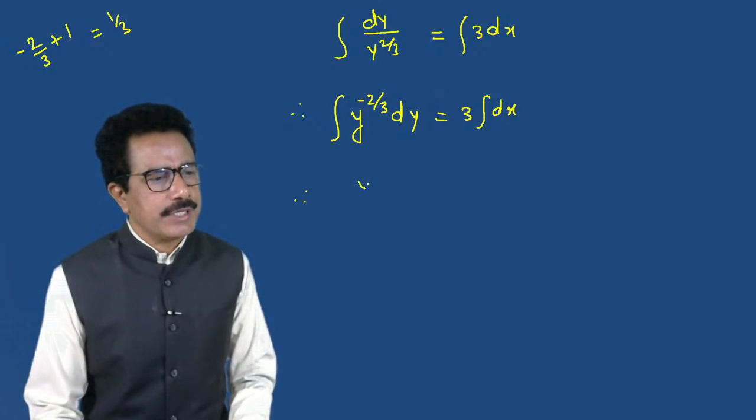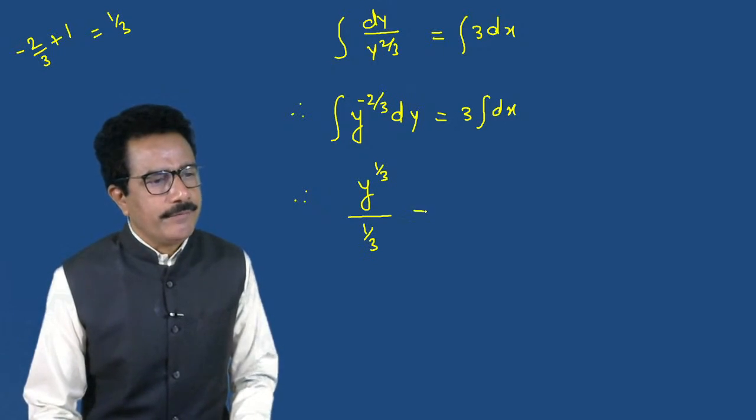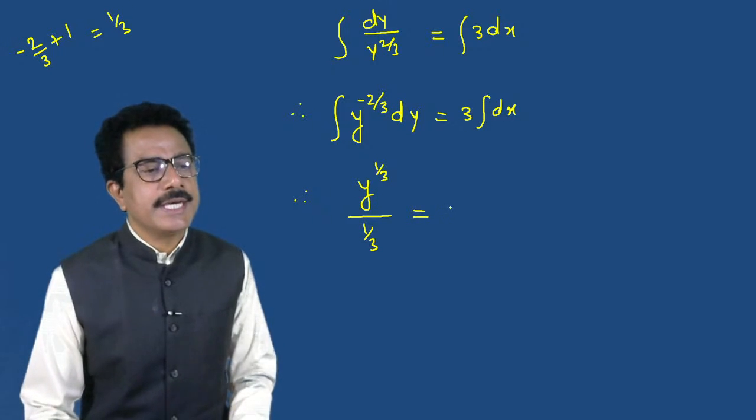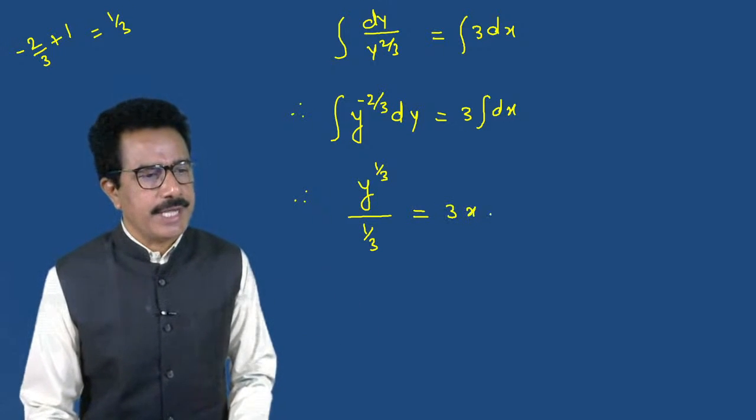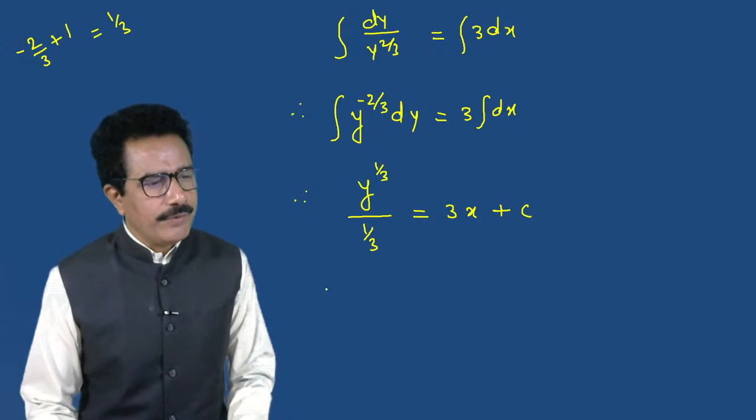So the integration is y raised to 1 by 3 upon 1 by 3, which equals the integration of 3 dx, that is 3x plus c.